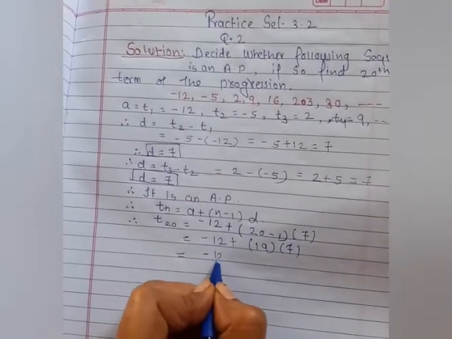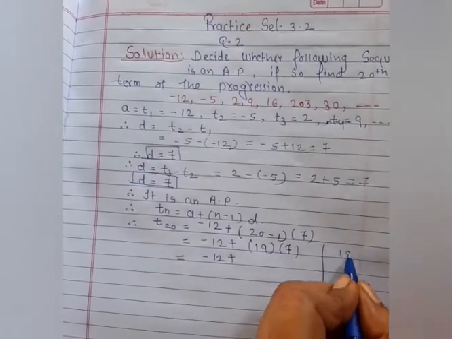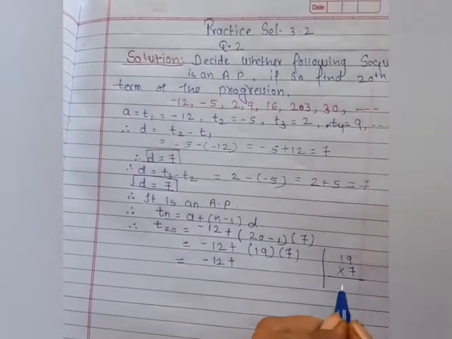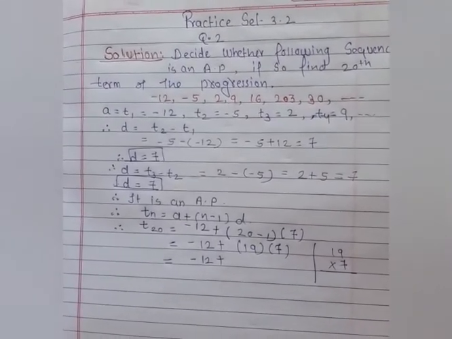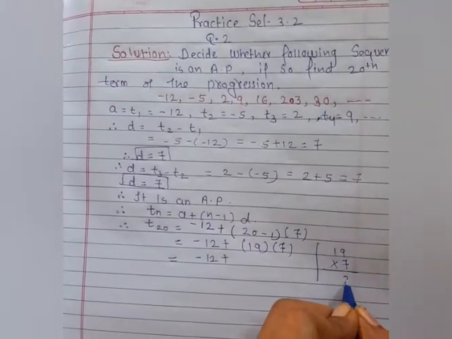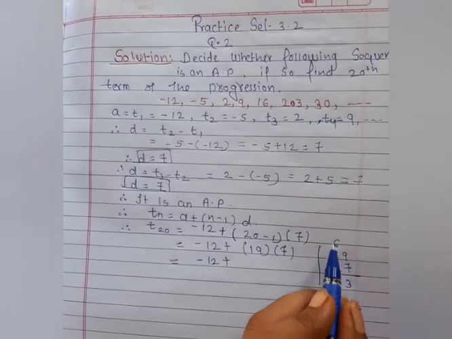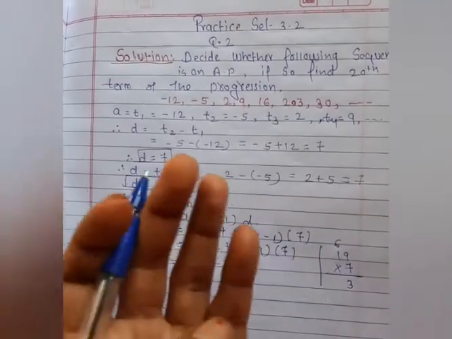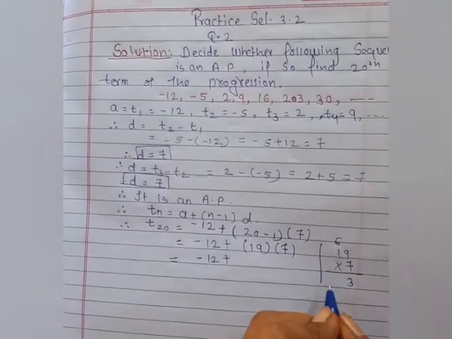Here 12 as it is, and 19 into 7. Let's go for the rough calculation. 7 nines or 9 sevens, any multiplication you can take. 63, 7 as it is, 7 plus 6 is 13.